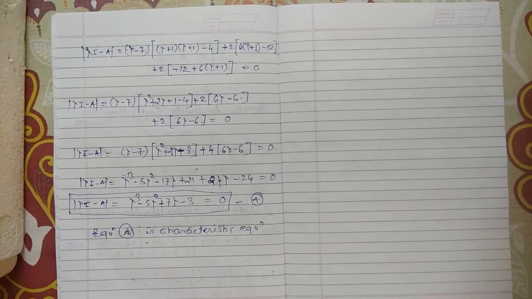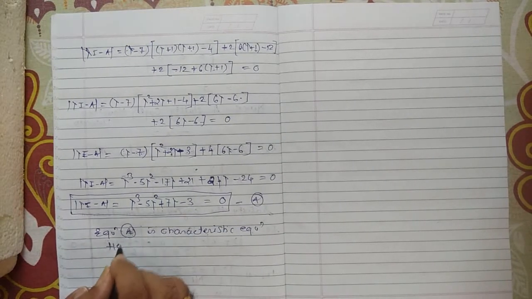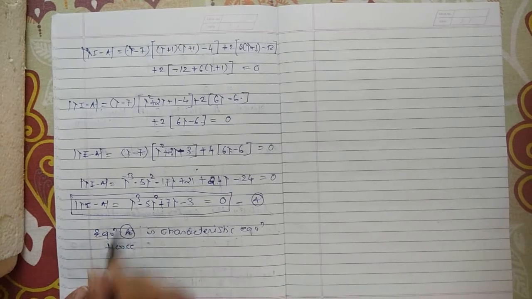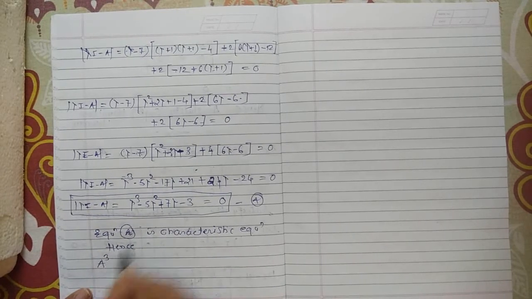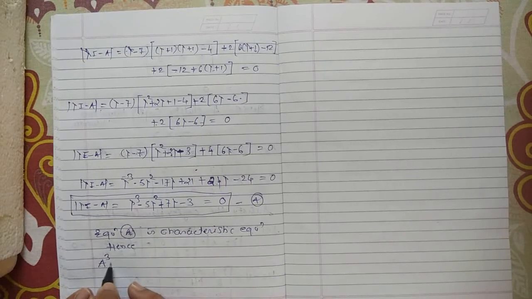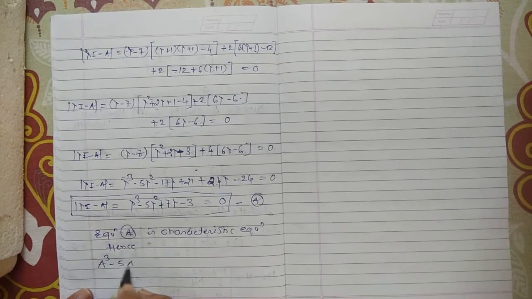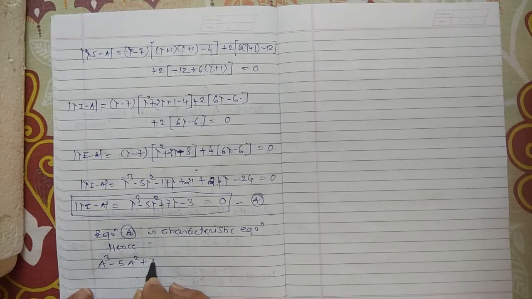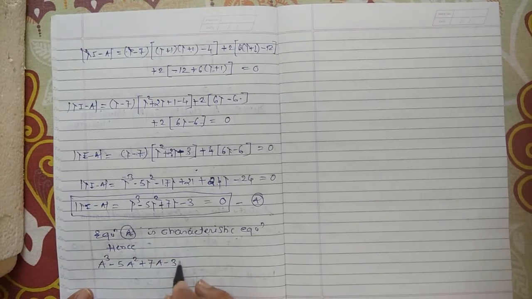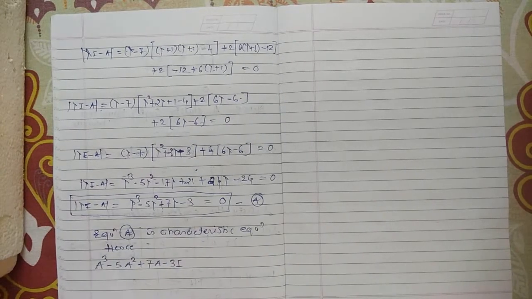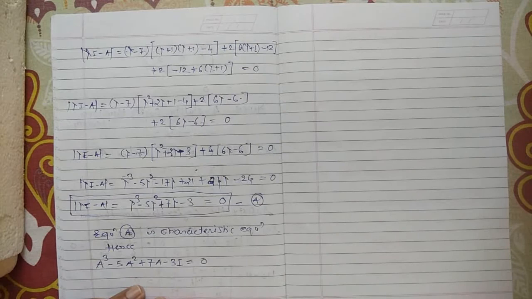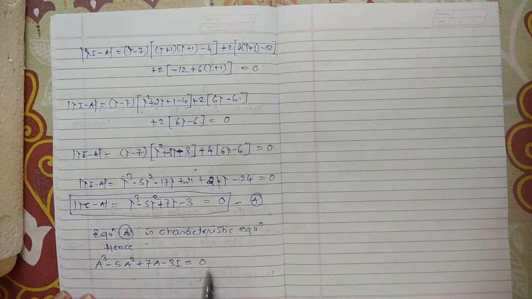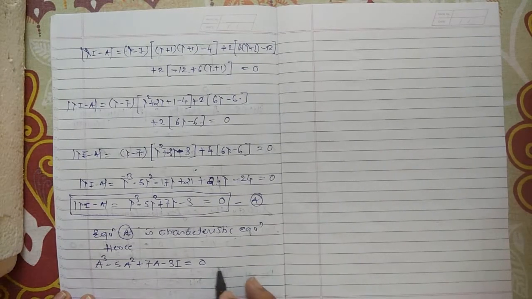Hence, in this characteristic equation, instead of lambda we will put A. So this becomes A cube minus 5A square plus 7A minus 3, and this 3 is a constant, so we will multiply it by the identity matrix I, and it must be equal to 0.